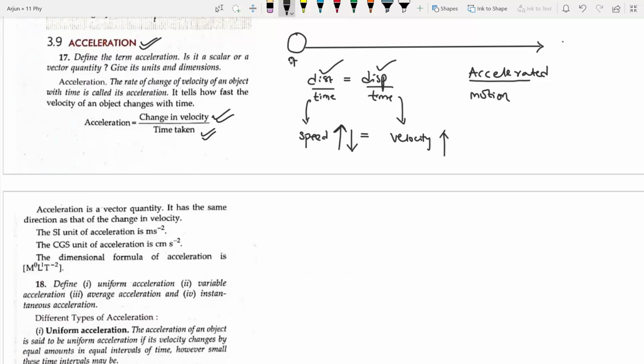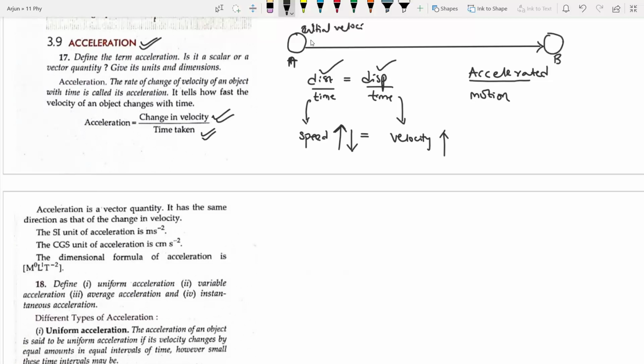Consider a body starting its journey at A and going to the point B. A is the initial point, B is the final point. At the initial point, it will have some velocity, which we call the initial velocity.